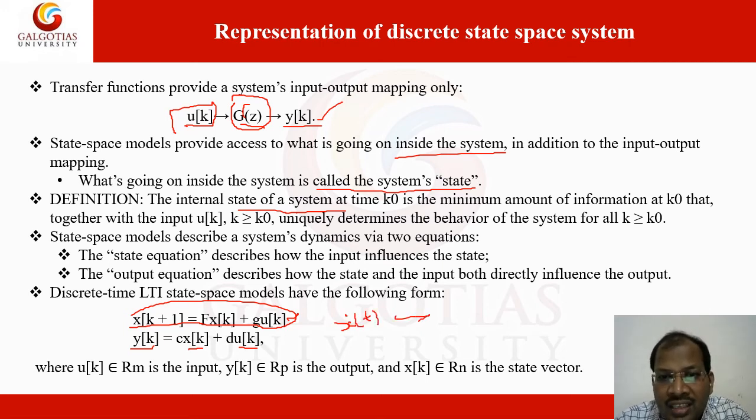When representing in the discrete domain, this is the first derivative, so we have to add k plus 1. x(k+1) = F x(k) + G u(k), y(k) = C x(k) + D u(k), where F is the system matrix in discrete form, G is the input matrix in discrete form, C is the output matrix in discrete form, D is the disturbance matrix in discrete form, and x(k), u(k), y(k) are the state vector in discrete domain.